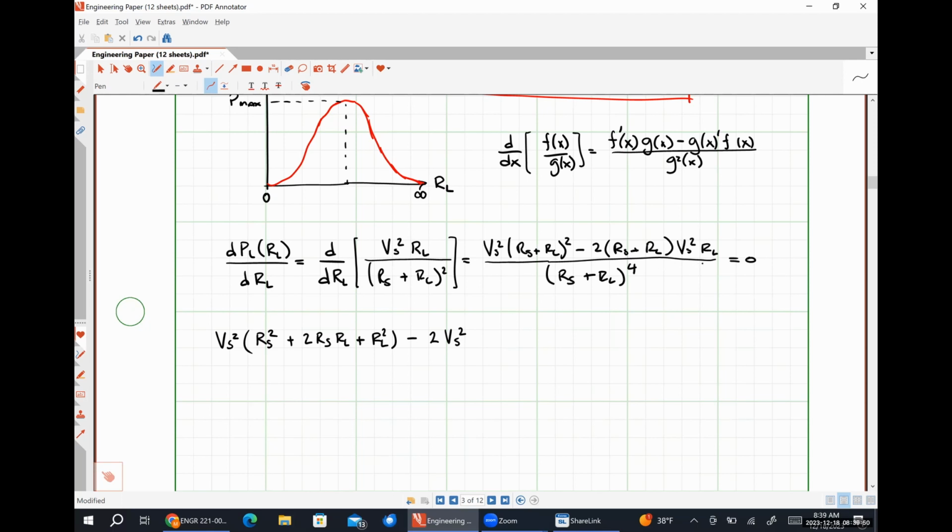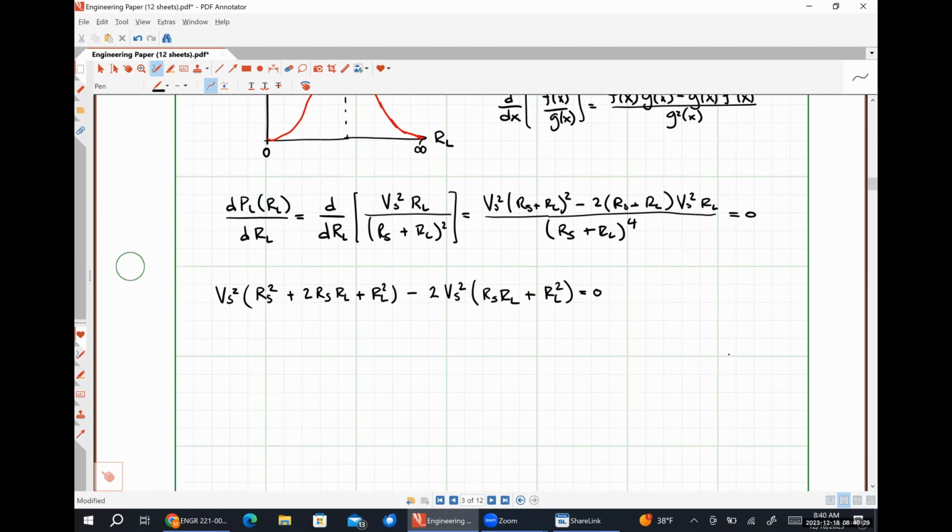Then I'm going to have an RS times RL, and then an RL times RL. Did I do my algebra correctly? Molly, did I screw anything up? Okay, I don't think so either, but I can get bad at this.